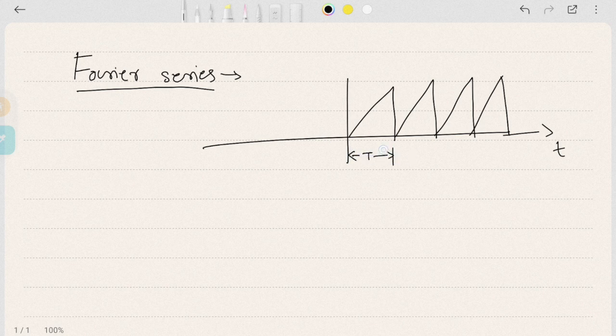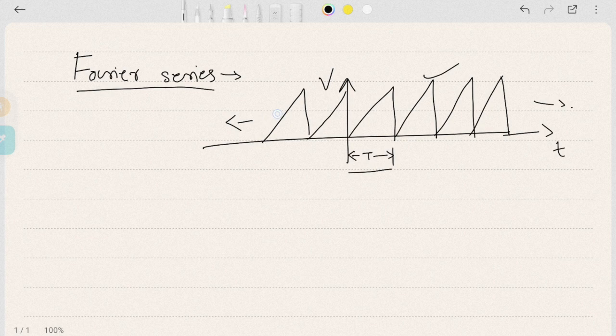This function repeats itself after this time period T. Function value, let's say voltage, it can be current, something else, pressure. So this type of function can be represented as a Fourier series.